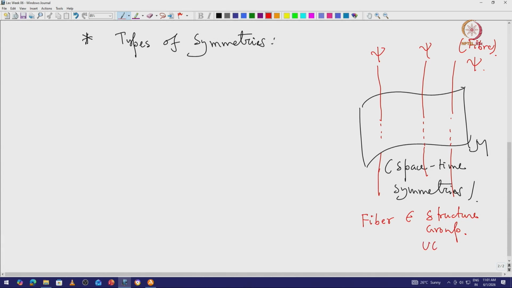So, U1, SU2, SUN, ON, this sort of symmetries are there in the fiber. And these are continuous symmetry that we generally have studied. For example, the wave functions are arbitrary with respect to a phase, so that gives us the U1 symmetry.